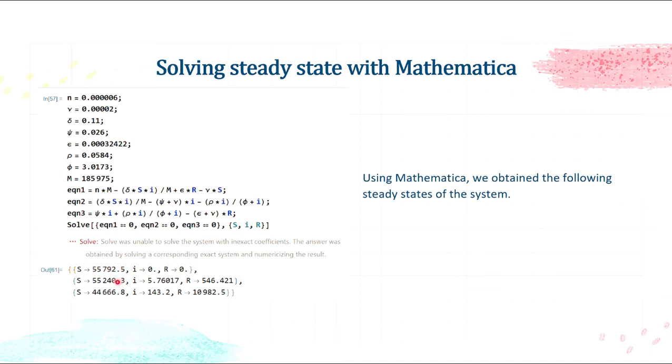The second steady state is S equals 55,240.3, I equals 5.76017, R equals 546.421. Continuing on, we have the last steady state, which is S equals 44,666.8, I equals 143.2, and R equals 10,982.5.